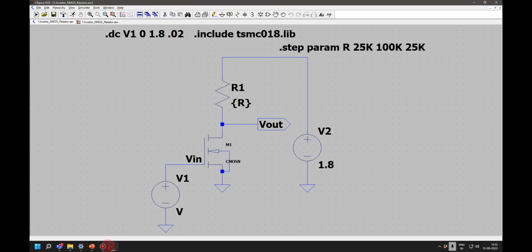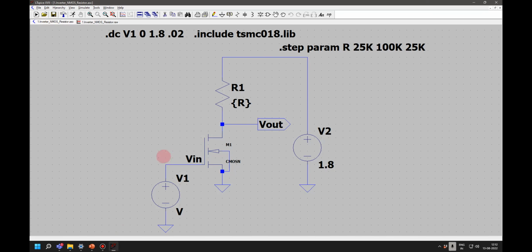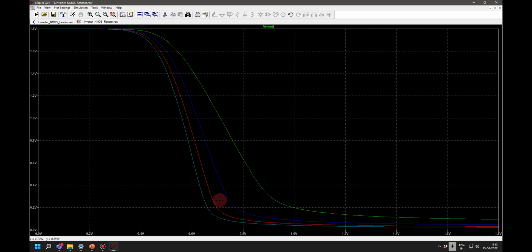Because R is large, if this node requires to be charged, R and C will come in series. So increased R means propagation delay will increase. But we get a better VTC curve, and you see here the VOL is slowly going lower and lower.